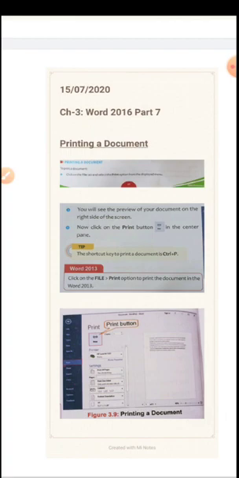So what are the steps for saving a document? Click on the File tab, select the Save option, or click on the Save button on the Quick Access toolbar. Then your Save As screen appears if you are saving for the first time. When you choose a location, OneDrive Personal is the drive which is available through your email. You can save it there, or if you want to save it in the PC, then you say This PC.